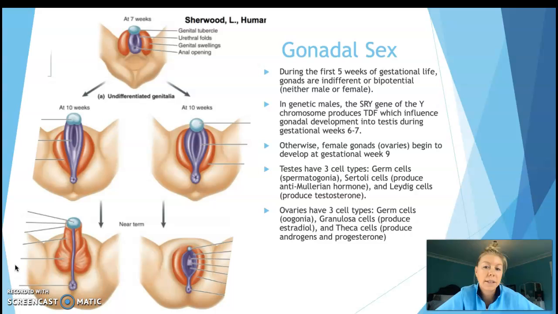Testes have 3 cell types: germ cells called spermatogonia, Sertoli cells, which produce anti-Müllerian hormone, also known as AMH, and Leydig cells, which produce testosterone. Ovaries have 3 cell types: germ cells, oogonia, granulosa cells, which produce estradiol, and theca cells, which produce androgens and progesterone.